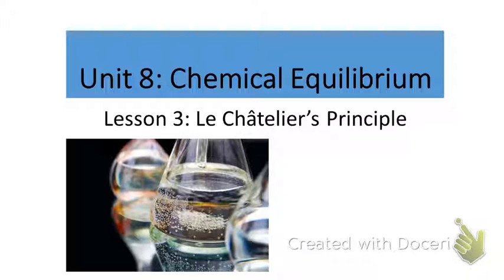And this is going to continue to occur until the system reestablishes a new equilibrium. But when we establish a new equilibrium, the concentrations of the reactants and products are going to be different than they were prior to the change in the conditions of the reaction. Alright? Hopefully that makes sense.